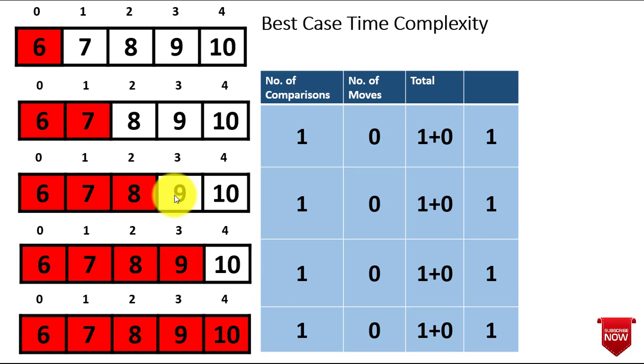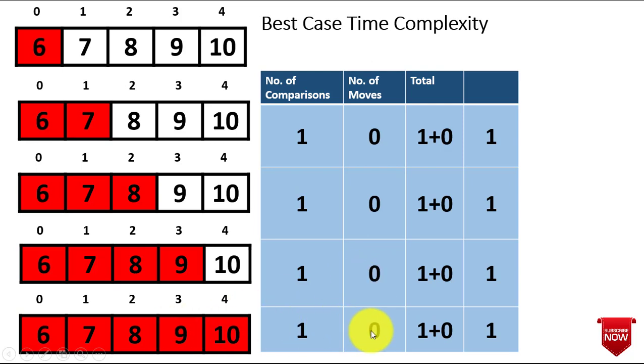Then if the given array is already sorted, this is the best case time complexity, that is 6, 7, 8, 9, 10. In first pass we have to compare, but there is no need to shift. 1, then 0. In second pass we will compare the value, but there is no requirement of shifting or moves. Then again we compare, but there is no need to shift.